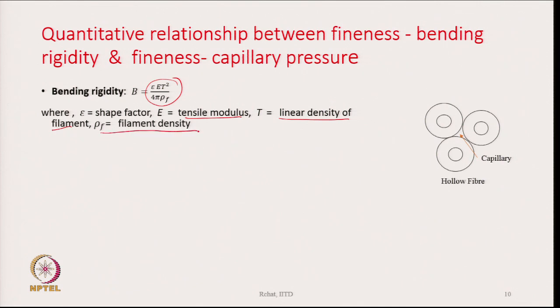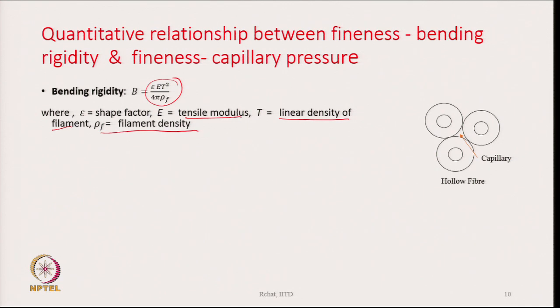These are the properties which affect bending rigidity. And if we look here, we see the linear density, that is T, is coming in a square term. That means bending rigidity is going to increase disproportionately if we increase the linear density of the fiber.